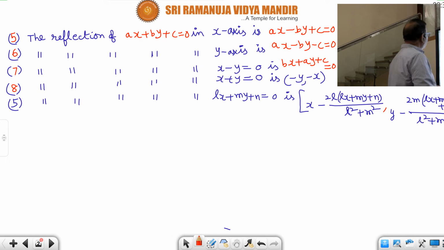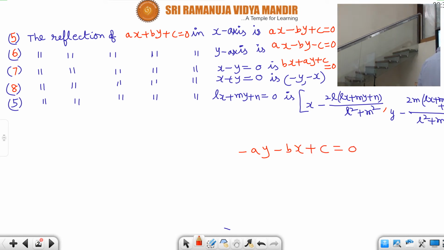Prabhas, please read it completely. Minus ay. First you read correct. Correct. First you read it like that. So minus ay minus bx plus c is equal. Now what is your final answer?